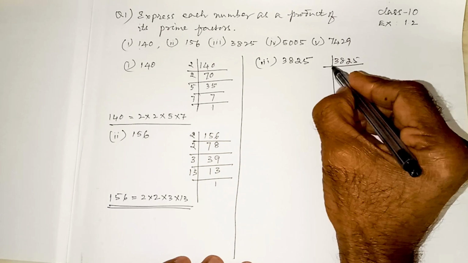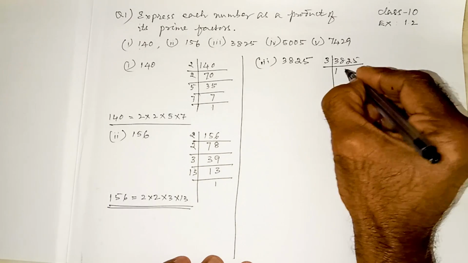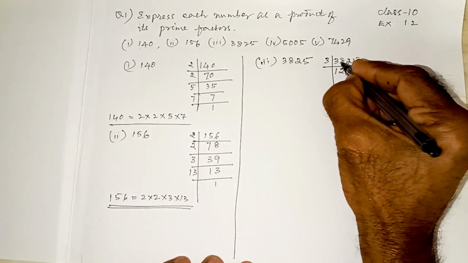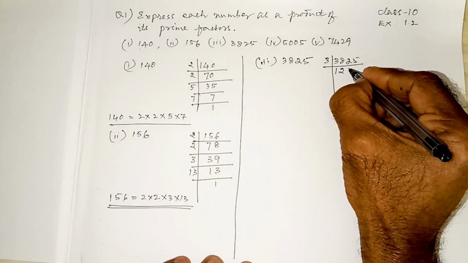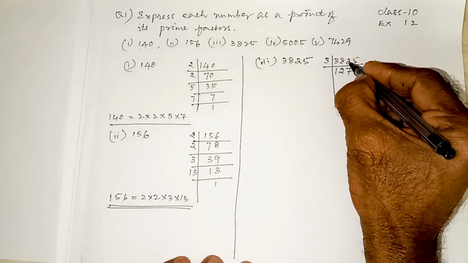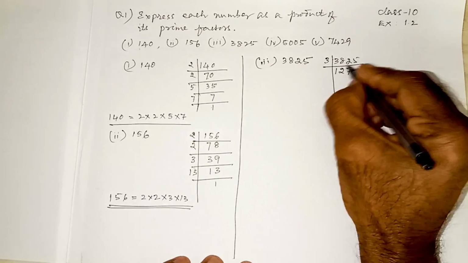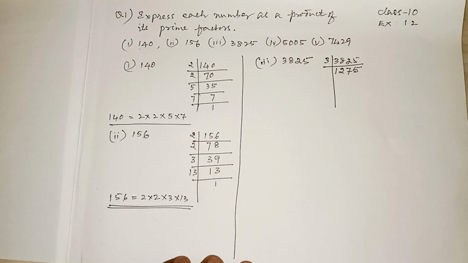Let us try now. 3, 1 time 3, 2 times 6. You have 2 more here. It becomes 22 and it is 7 times. 3 into 7 is 21. You have 1 more here. Carry 1 here. It becomes 15. 3 into 5 gives you 15.